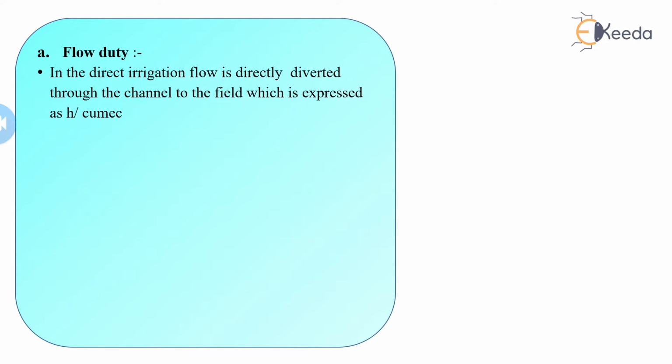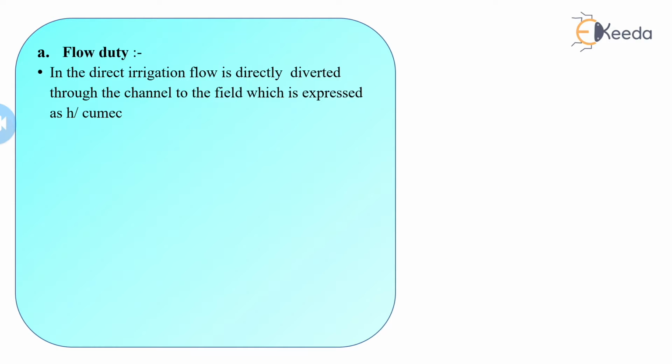Flow duty is nothing but the duty that irrigates a given number of hectares of land by the supply of 1 cubic meter per second of water continuously. We know that in direct irrigation, flow is directly diverted through the channel to the field, which is expressed in hectares per cubic meter per second.